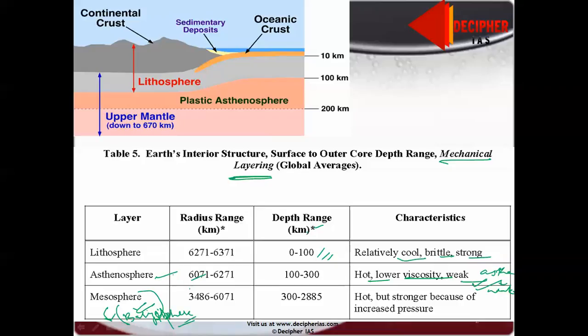So for this chapter we need to remember till asthenosphere. Asthenosphere approximately extends to 200 to 300 kilometers and lithosphere extends till 100 kilometers. Now everybody knows that the continental crust is 20 to 70 kilometers thick and is composed of lighter granite, and its density is approximately 2.7 grams per cubic centimeter.